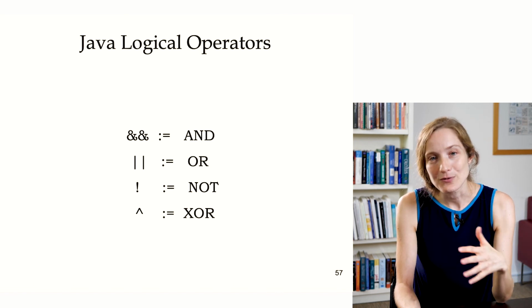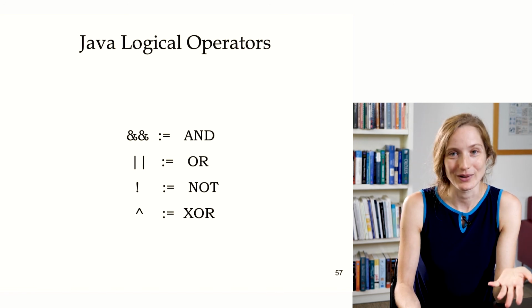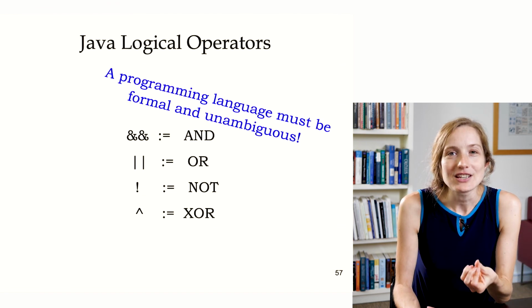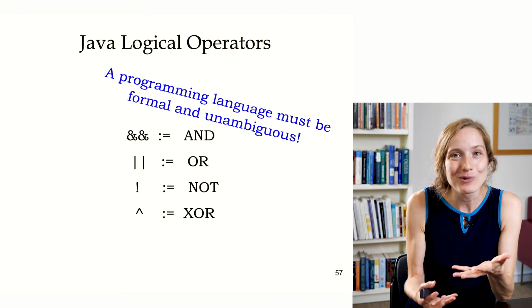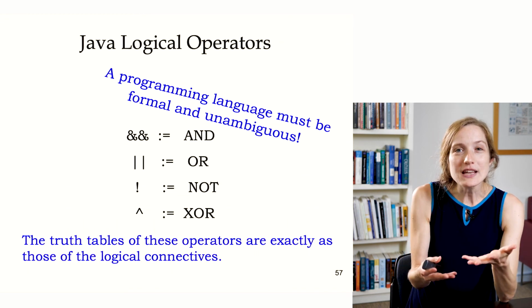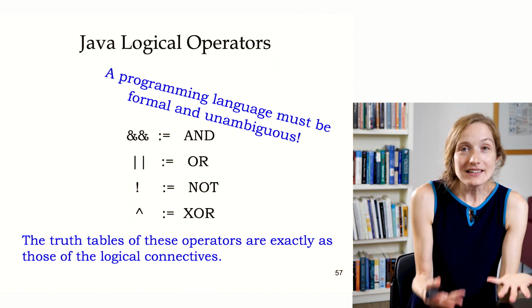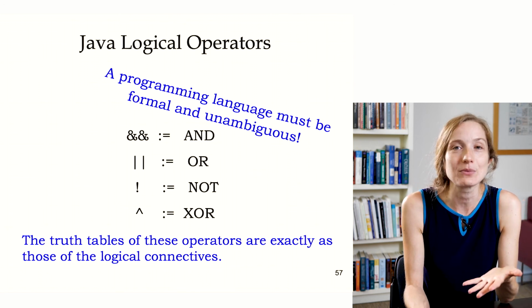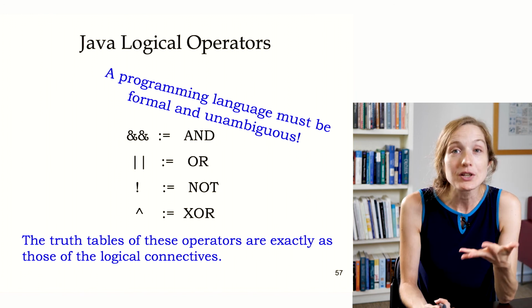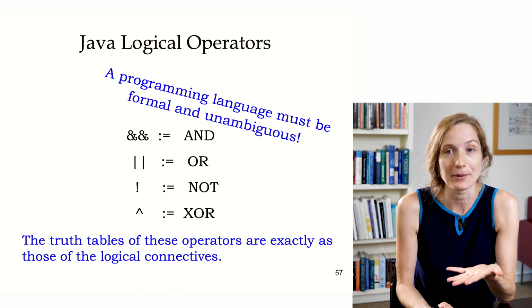Here they're denoted, for example, by double ampersand and so forth. Okay? But note that a programming language itself must be formal and it must be unambiguous. And the truth tables of these things are exactly those of the logical connectives that we've seen. And everything is translated over, you can use it also when you're programming.